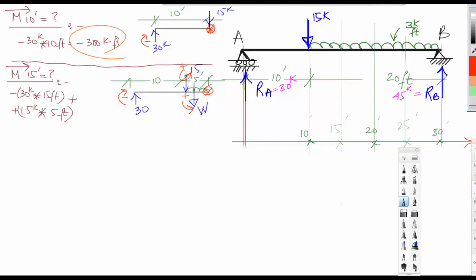Then this is also plus 3 kip per foot multiplied by 5 feet, that's the force, and the distance is 5 feet divided by 2 is equal to.